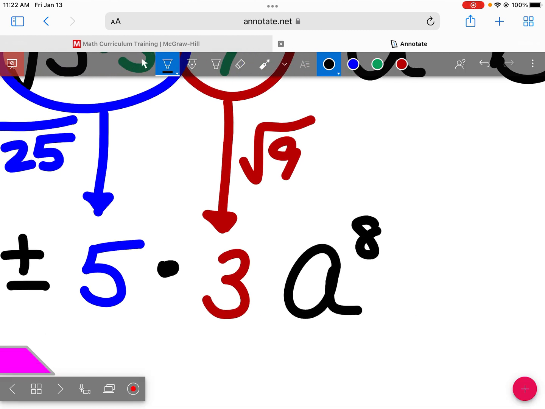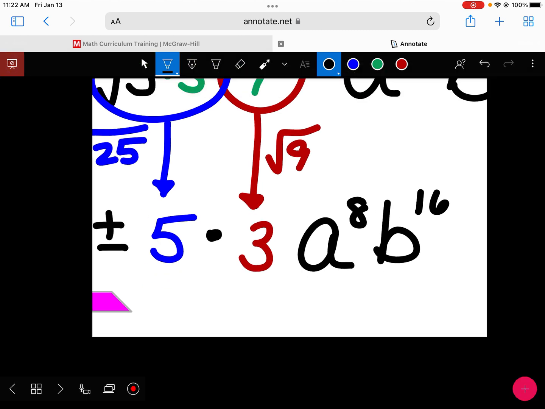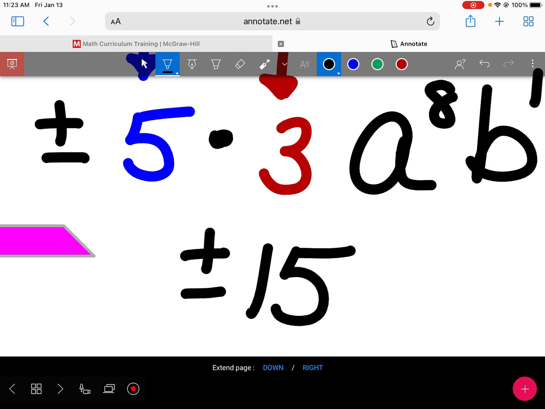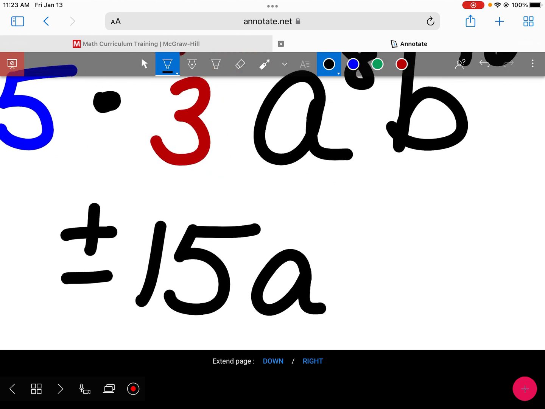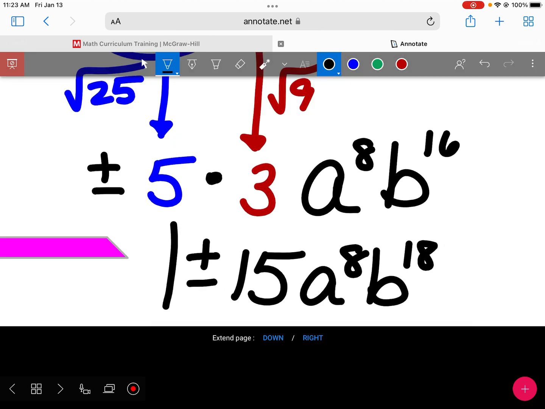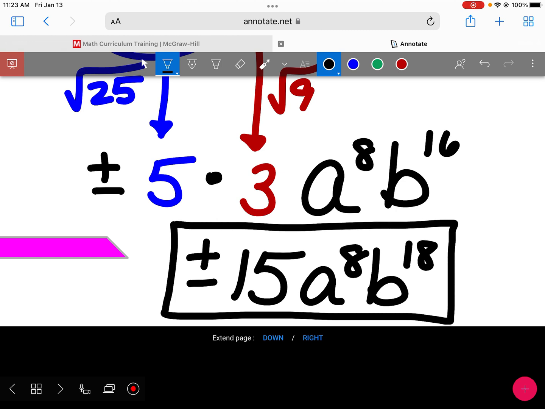We have a to the 8th and b to the 16th. What do I get when I multiply the 5 and the 3 together? 15. So if you knew right away that it was 15 times 15, you got 15, a to the 8th, b to the 18th. If you didn't know that 225 was 15 times 15, you could have broken it down another way and gotten the exact same answer.